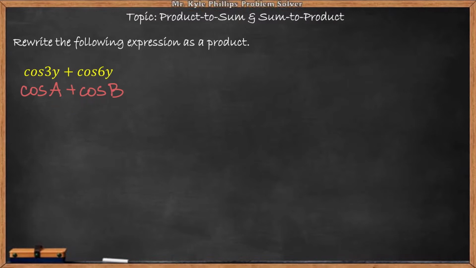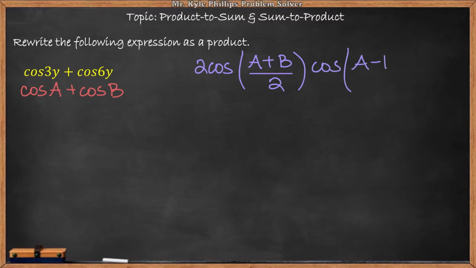So let me show you the formula for cosine of A plus cosine B. So that is going to be 2 cosine of (A plus B) all over 2, times cosine of (A minus B) all over 2. So this is the formula to go from an addition problem over here to a product problem.